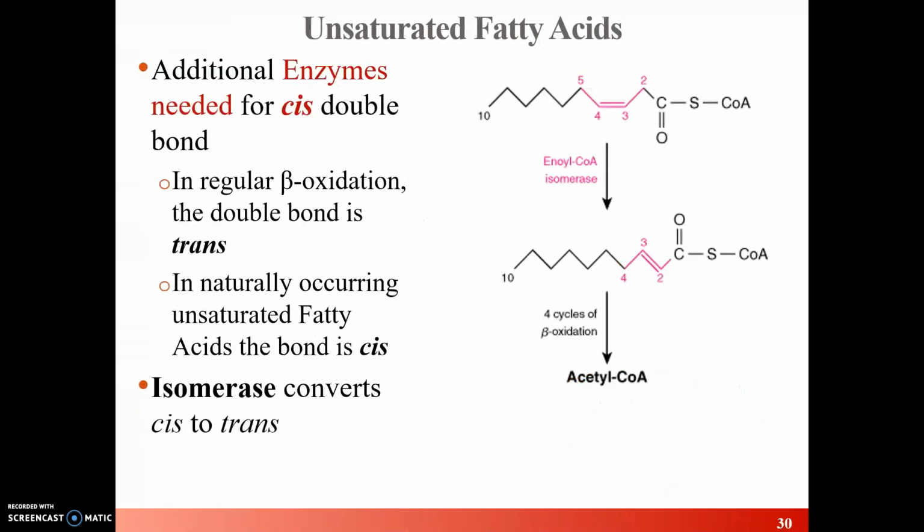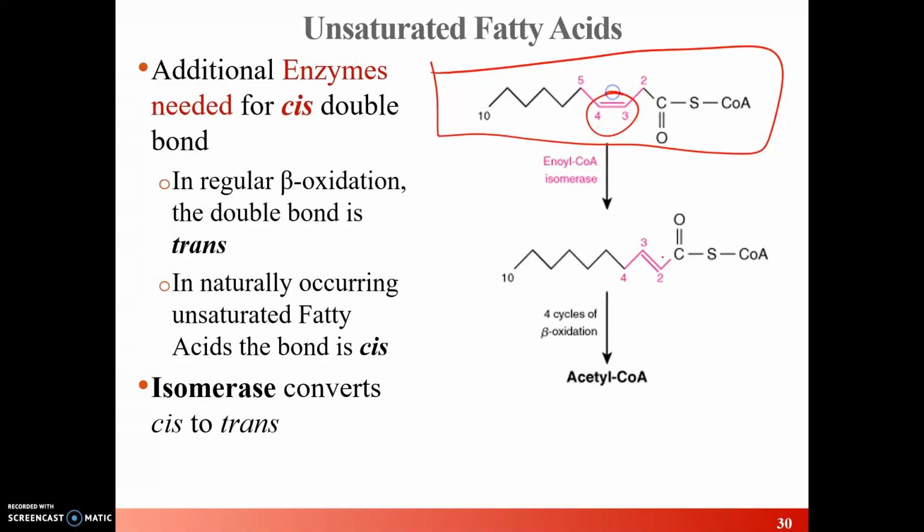All right, unsaturated fatty acids. This is one other thing I want to mention. Normally, fatty acids exist in the cis conformation that's shown here at the top. Excuse me, normally they're in the trans, but if they are in the cis, then all we have to do is isomerize it from the cis bond here to trans.